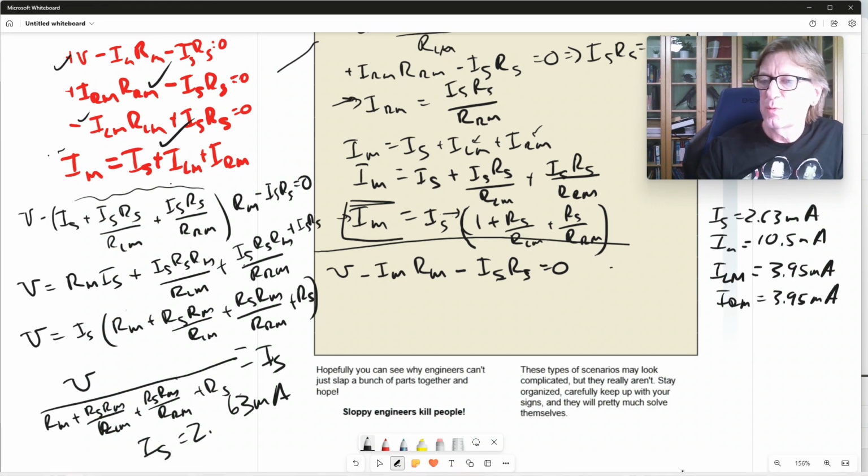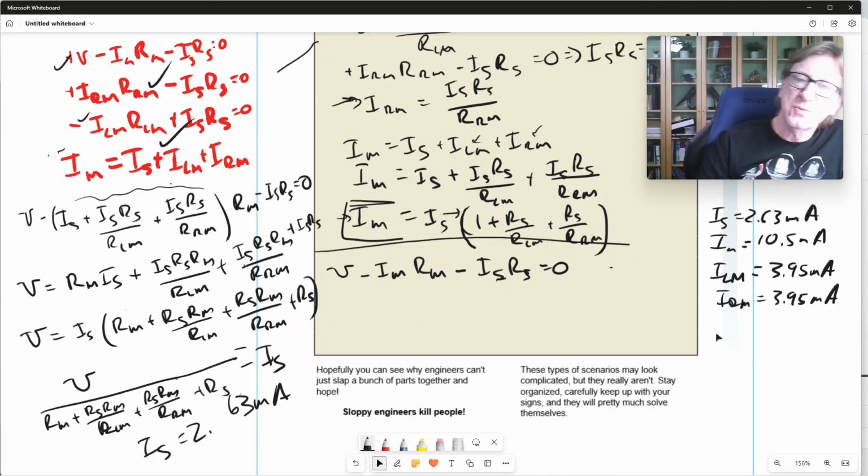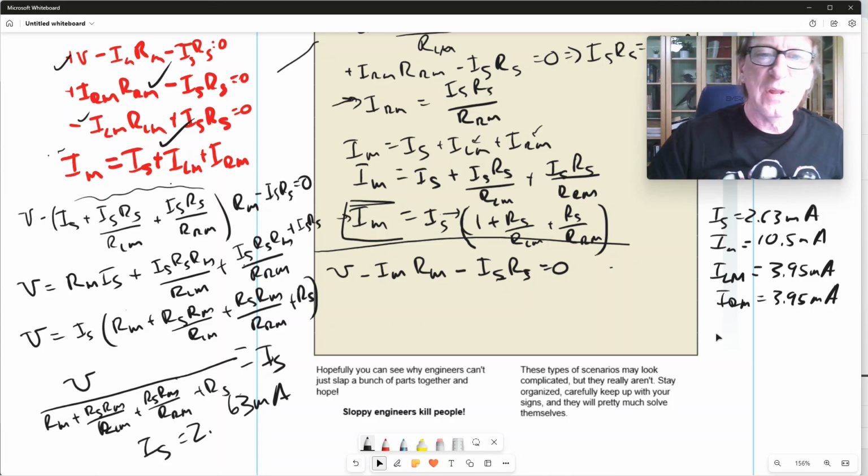And it doesn't matter which of these you find first. If you add up IS, ILM, and IRM, that had better come out to be equal to IM by the time that we're done.